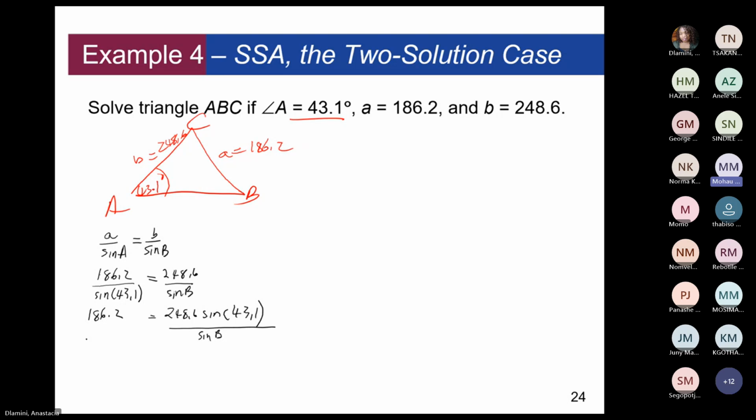We multiply 186.2 with sine B, meaning we cancel sine B on the other side. And then we're going to divide by 186.2 on both sides.